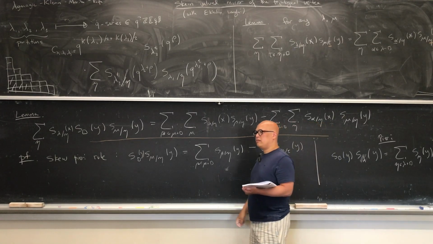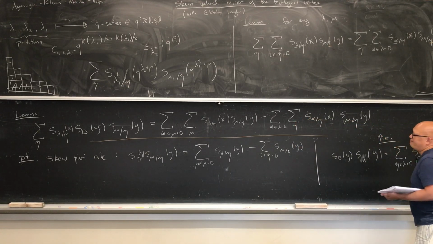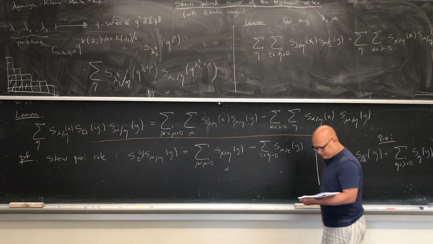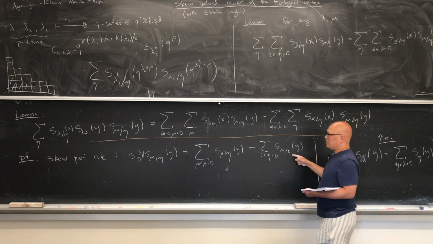And presumably it just follows straightforwardly with some gymnastics from the usual Pierre rule, right? Because this skew Schur function is basically a Schur function with some sum. I think that's more or less true. Some people wrote a whole paper about this. Somehow this fact did not appear in the literature.